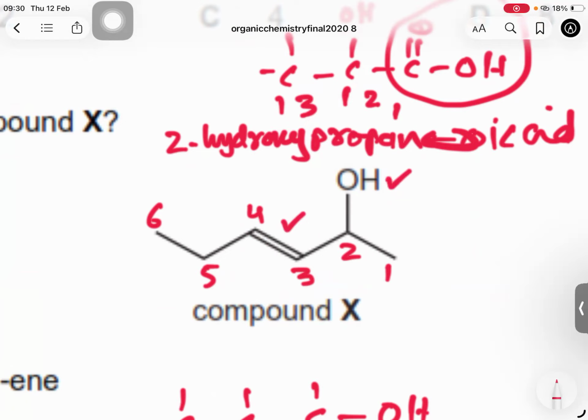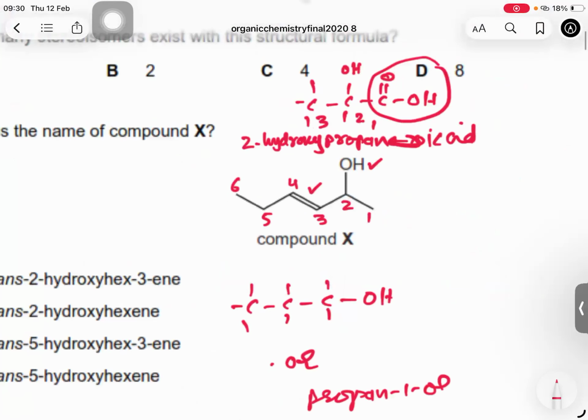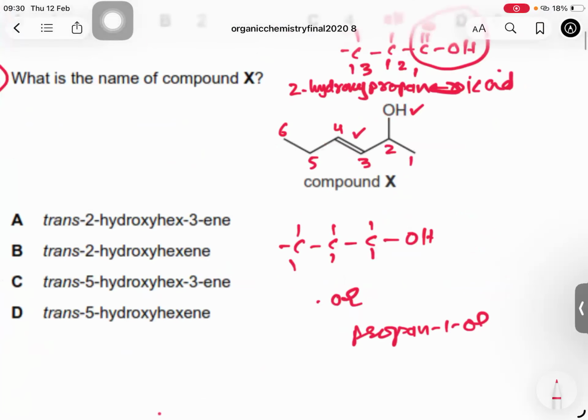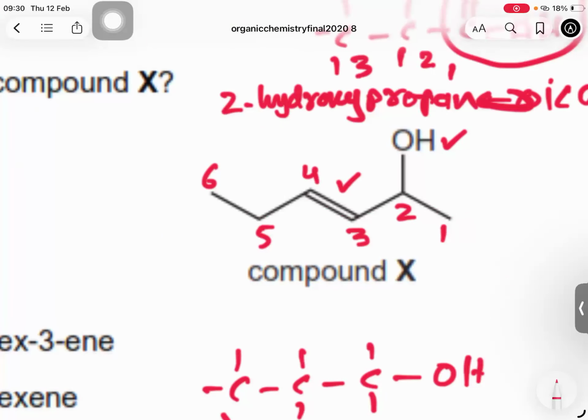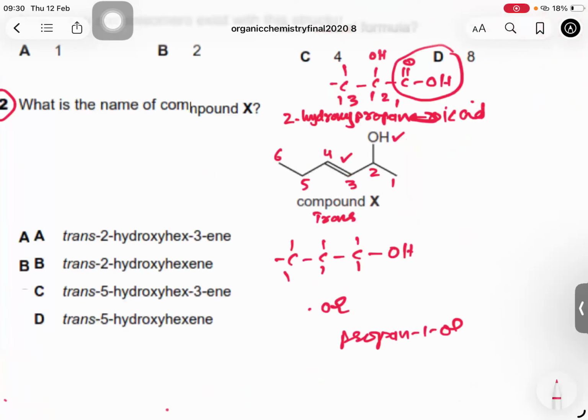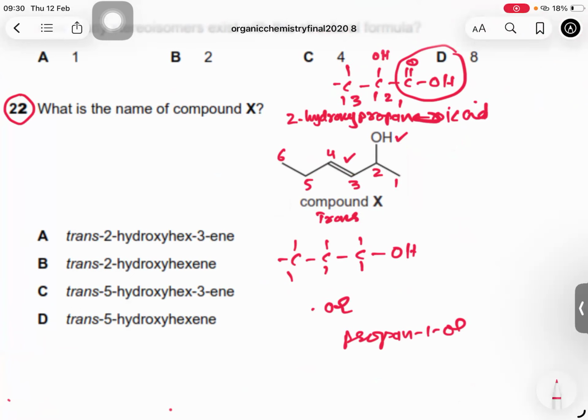So again the alkene remains 'ene', but the OH becomes hydroxy. Now, as I always tell you, in the zigzag manner we use to write the skeletal formula, naturally it is the trans isomer. So it is trans. That is the point. And if I look at the numbering, which hydroxy is present?